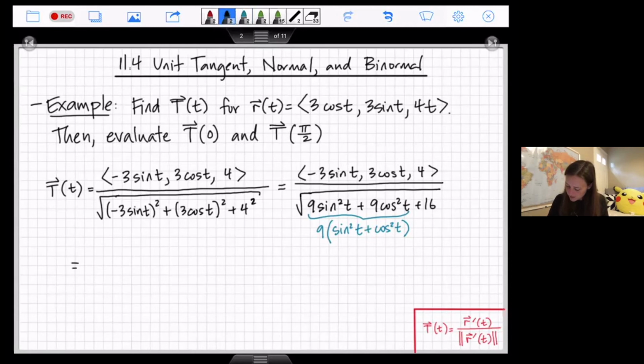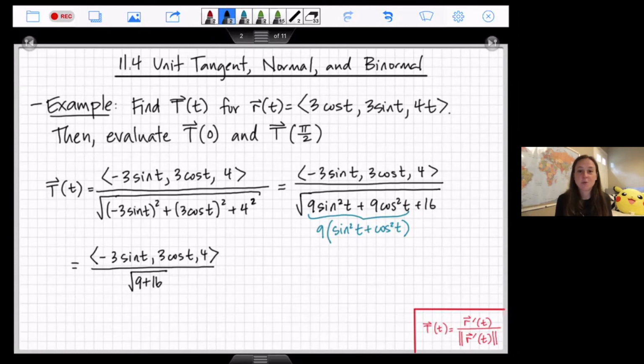All right, so we've got negative 3 sine t, 3 cosine t, comma 4, divided by root 9 plus 16, okay, which conveniently is equal to 25 underneath the radical. So it's just a 5 down in the denominator. So that's simplified beautifully.